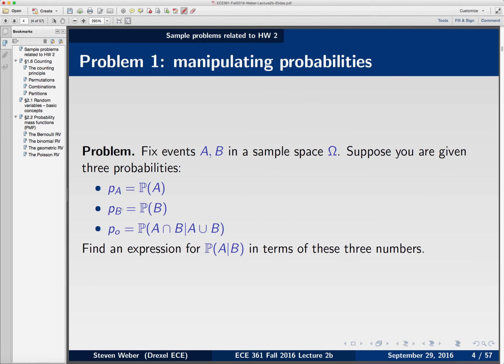All right, let's start with a problem that helps us warm up with manipulation of probabilities. The problem is the following. We're going to fix events A and B in a sample space, omega.